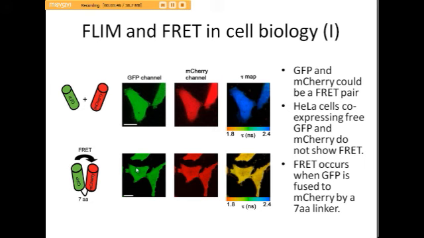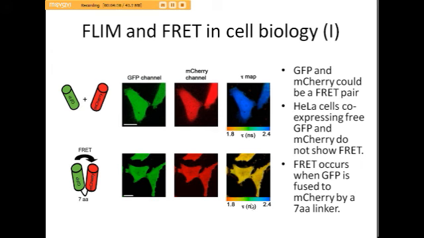Here is the GFP fluorescence channel. There's GFP fluorescence, there's mCherry fluorescence, and there's also FRET. Recall that FRET is independent of concentration. It doesn't matter whether this chimeric molecule is high or low, they all generate the same tau map, the same fluorescence lifetime map.